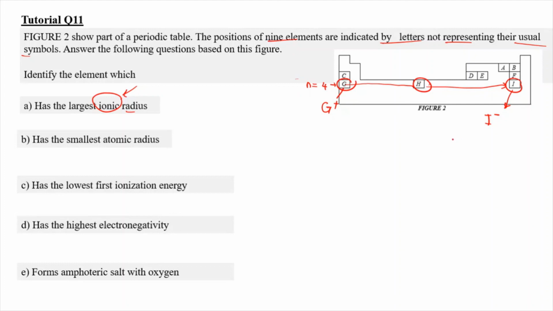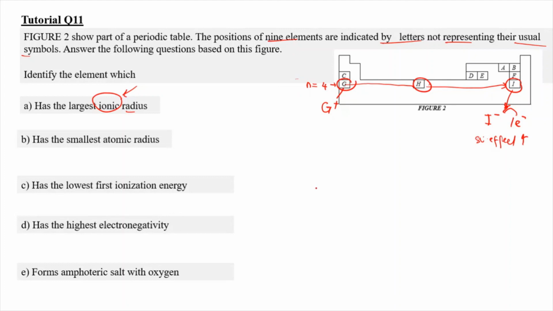Okay, so I minus, when it receives one electron, it is going to have one more electron. More electrons means that the shielding effect is going to increase. So the mutual repulsion between electrons causes the electrons to be spread out and the electron cloud to be enlarged.